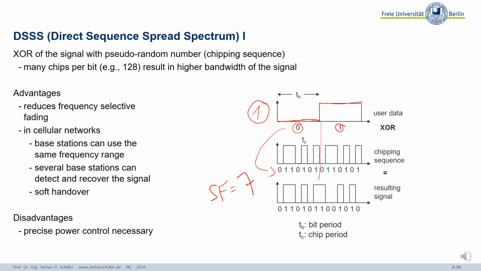But as we will also learn, we need very precise power control. I will explain this disadvantage together in the context when I explain how we do this, what this code means. This example will come in a few minutes. So, precise power control for UMTS for the mobile phones using third generation.